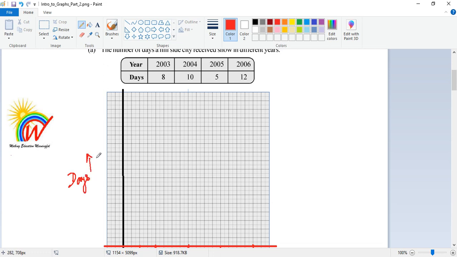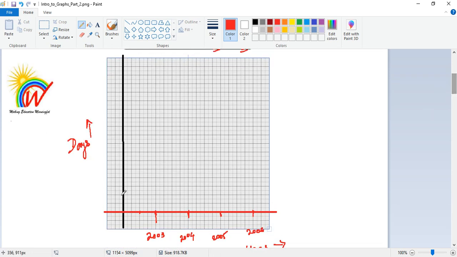See, the smallest is 5 and the largest is 12, right? So let me take it as 2, 4, 6, 8, 10 and 12.